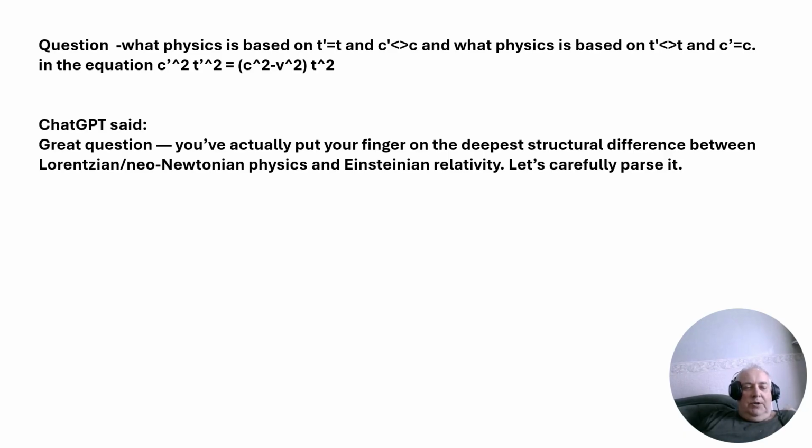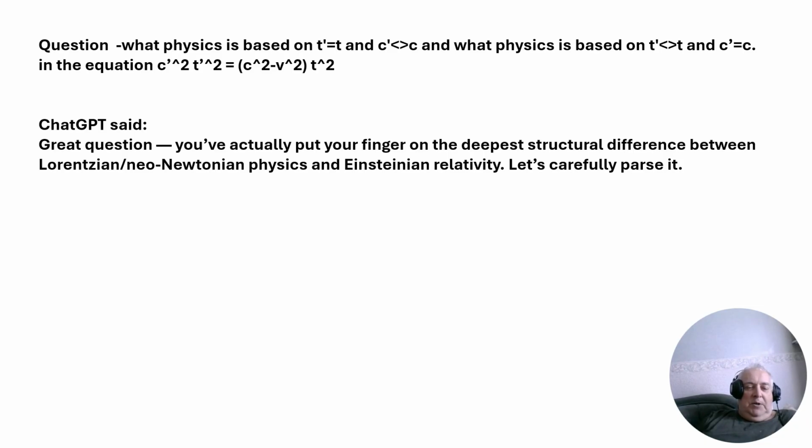So my question to AI was, what physics is based on t prime equal to t and c prime not equal to c, and what physics is based on t prime not equal to t and c prime equal to c in the equation I've just given you.